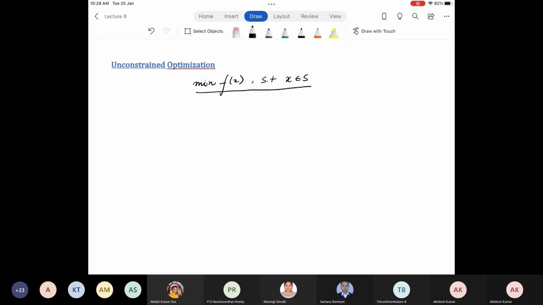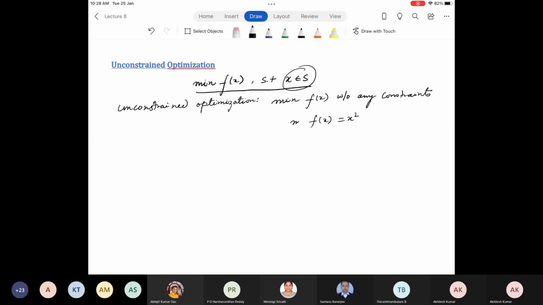But when I'm talking about unconstrained optimization, we are looking to minimize f(x) without any constraints. Does that mean that I should get rid of this set? No. That is the set on which, sometimes it will be just given: minimize f(x) = x^2.